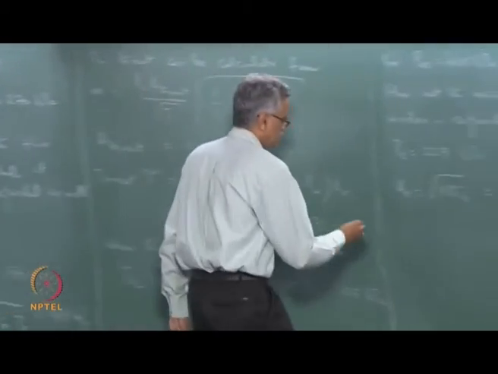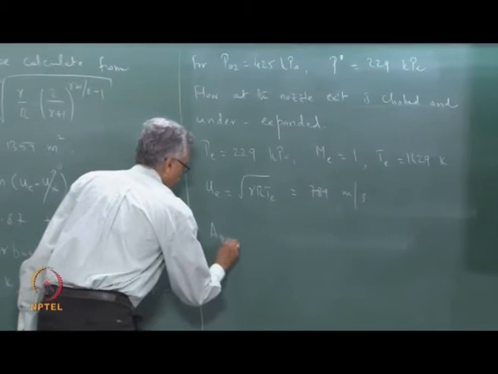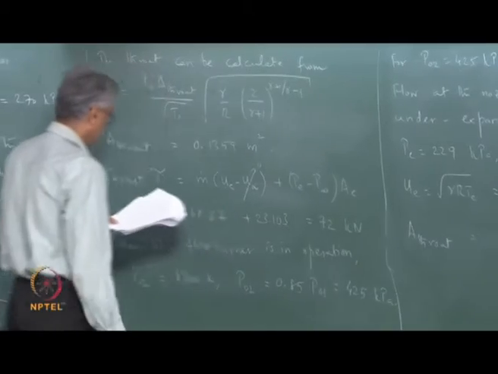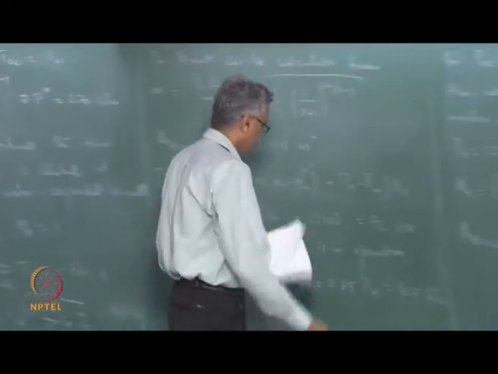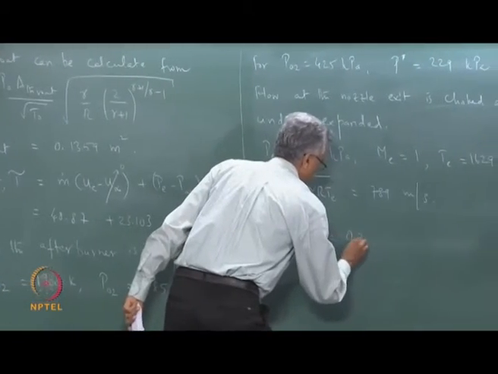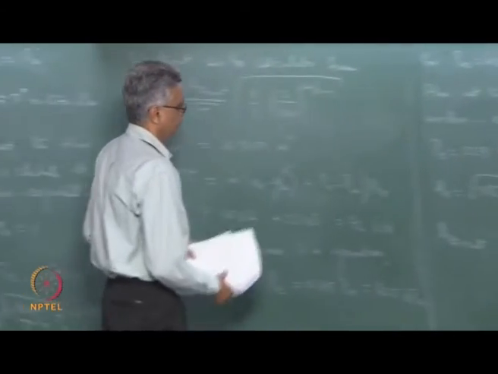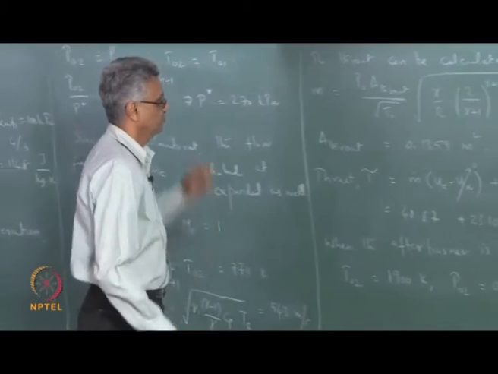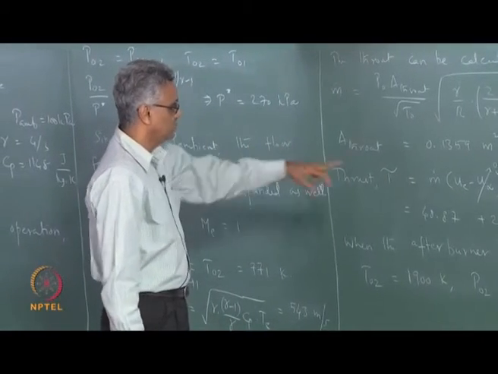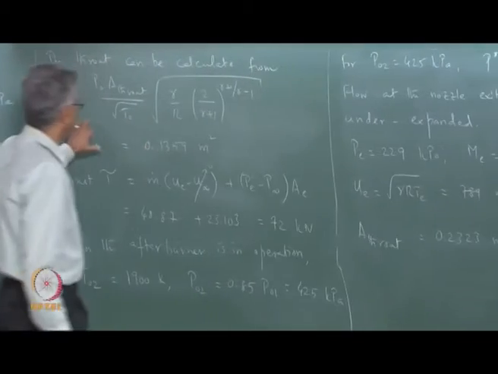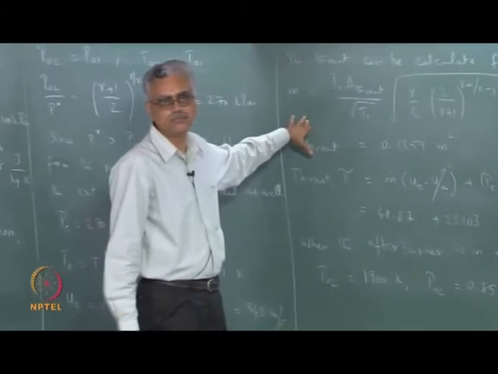So, if you calculate for these values, A throat with the afterburner in operation has to be more, and it comes out to be 0.2323 meter square. So, you can see that the throat area has to be increased to accommodate the same mass flow rate now.